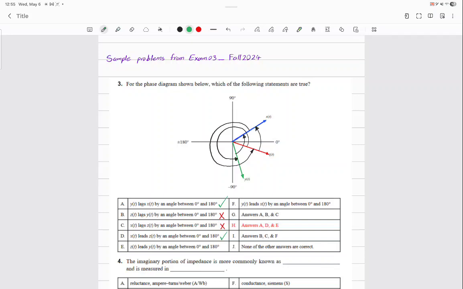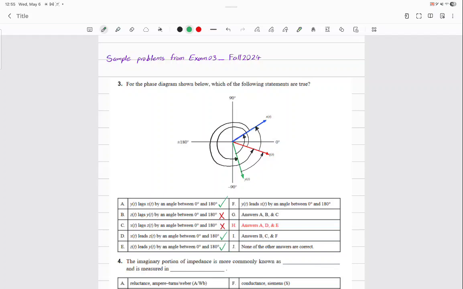Next one, Z leads Y, means that Y is the one chasing, right? Z is escaping, Y is chasing. Y is chasing Z, so I should move from Y to Z. Between 0 and 180, is it correct?